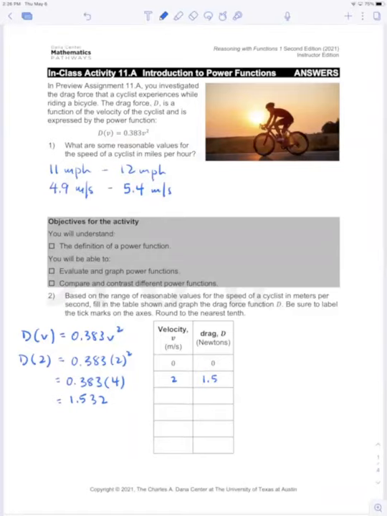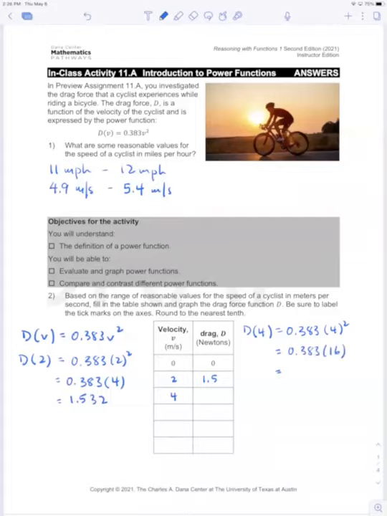Let's try this again. If I were to take D of 4, that's 0.383 times 4 squared, and 4 squared is 16. I'll do the same thing.